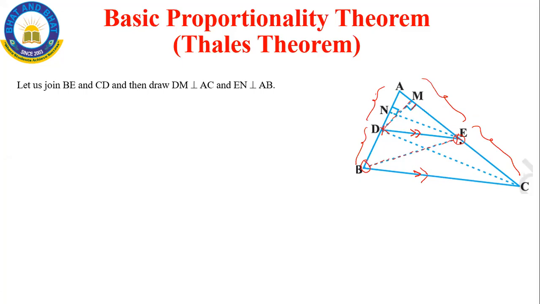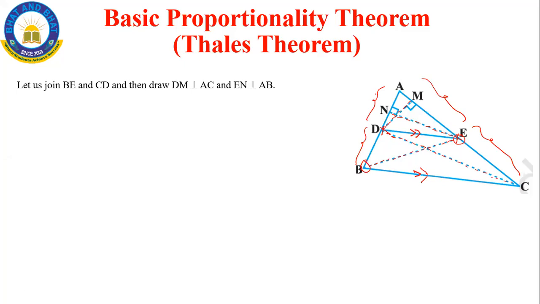Similarly, from E I will draw a perpendicular EN onto AB. Similarly, I have joined points D and C. These are the constructions that I have to do for proving Thales theorem.